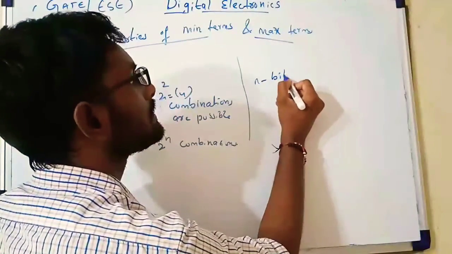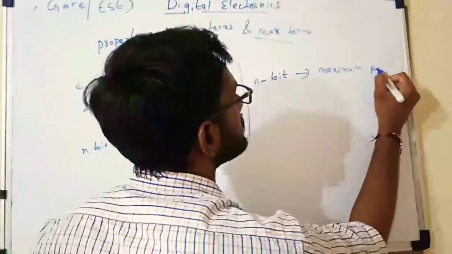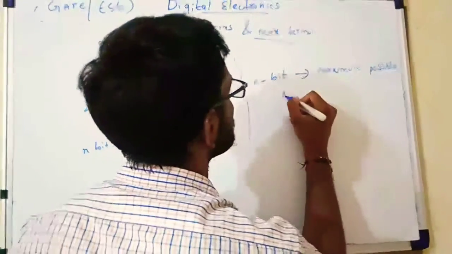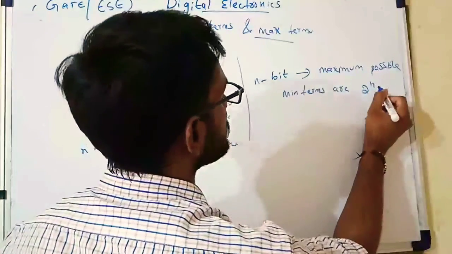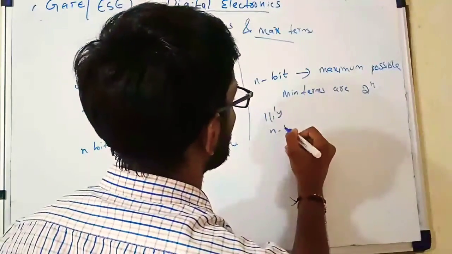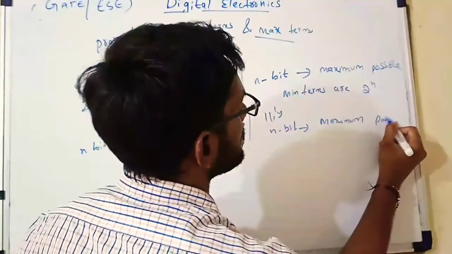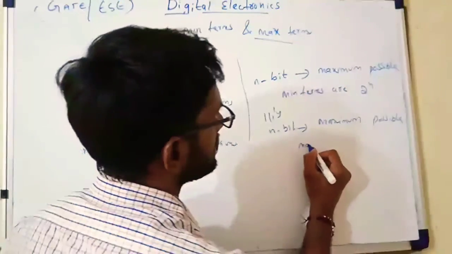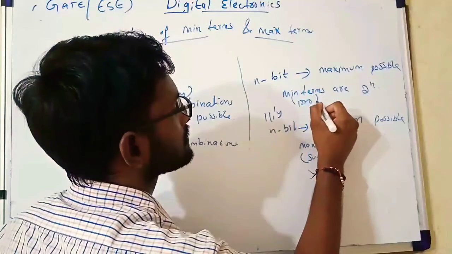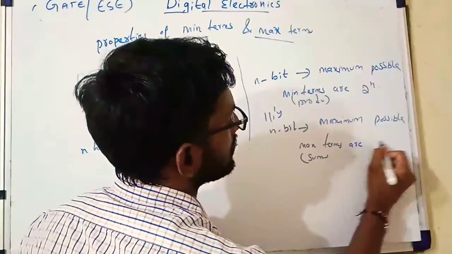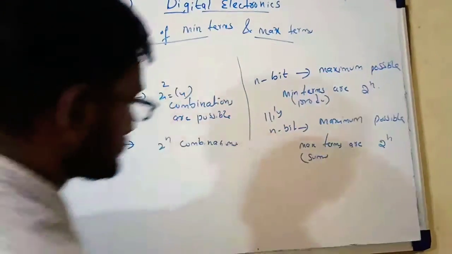For n bit, the maximum possible minterms are 2 power n. Similarly, for n bit, the maximum possible maxterms, these are the sum terms, these are the product terms, are 2 power n. These are the maximum possible minterms or maxterms.